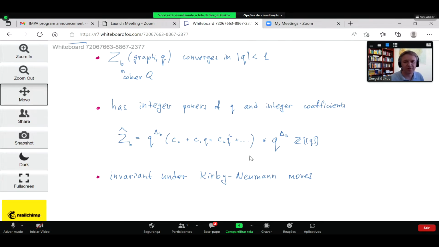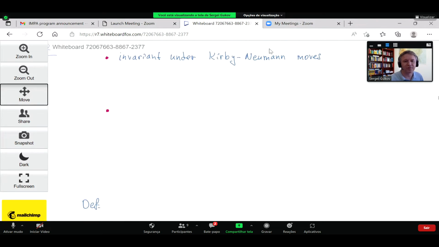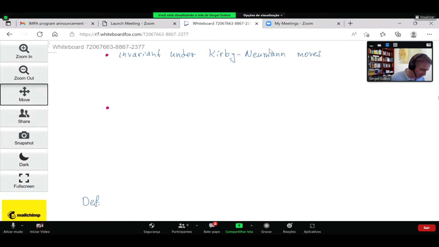So lower, I'm trying to write a definition, trying to define what these are. But before I do that, I want to point out or complete this last bullet point in this theorem by saying the following.